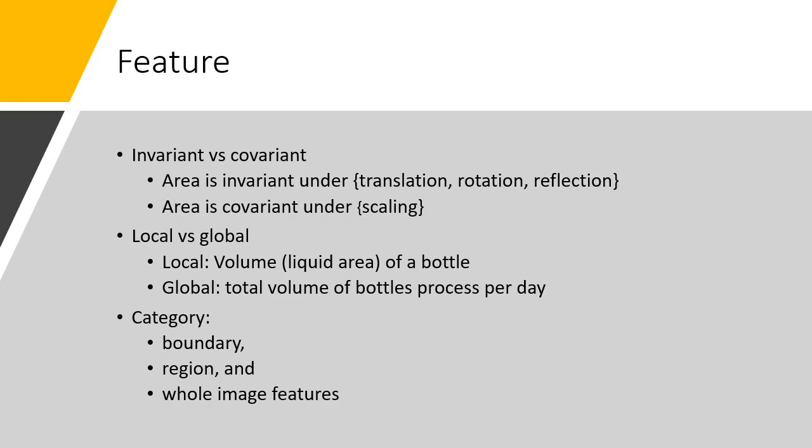Meaning that the area of an object will not change its value if the object is translated, rotated, or reflected, but the area of the object will change its value if the object is scaled.